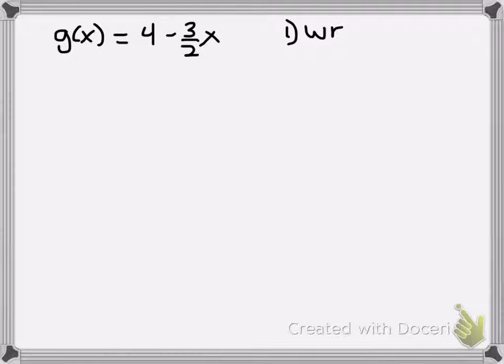It says g of x equals 4 minus 3 over 2x. So number 1, you write the original equation, or the original function. Number 2, I like to just switch it out for y and x.